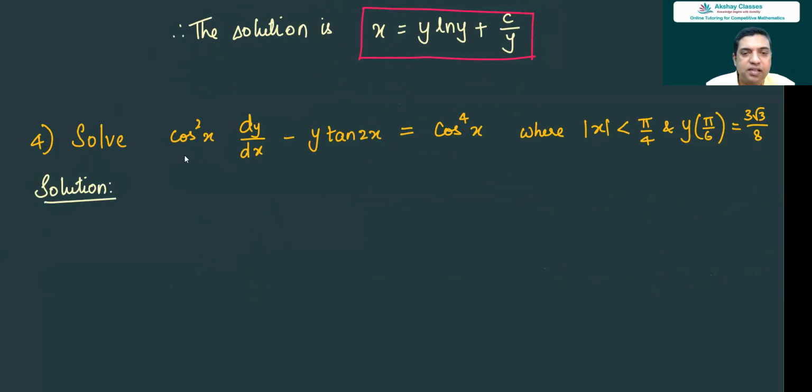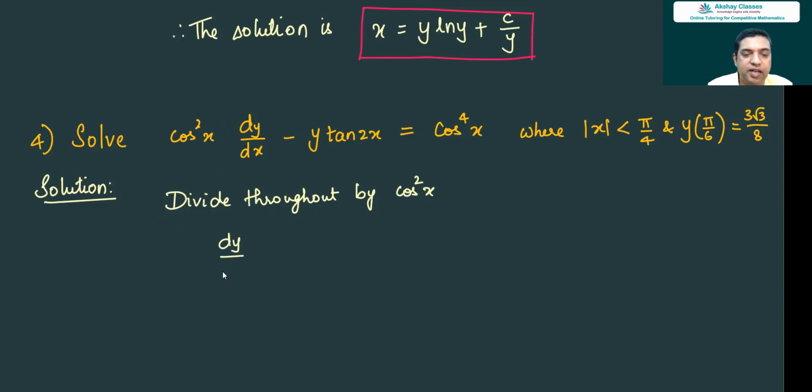So now the equation is in this form. We have to get it in the standard form. To get in the standard form, dy by dx doesn't have a coefficient. So divide throughout by the coefficient of dy by dx, that is cos square x.